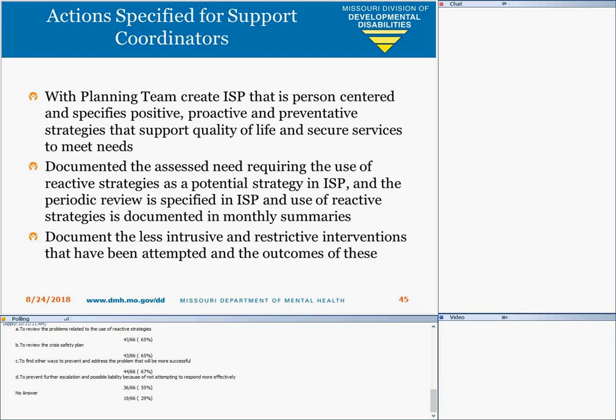The support coordinator is also responsible for making sure that the ISP documents less intrusive and restrictive interventions have been attempted and the outcomes of these interventions.